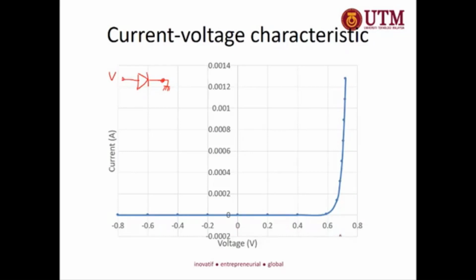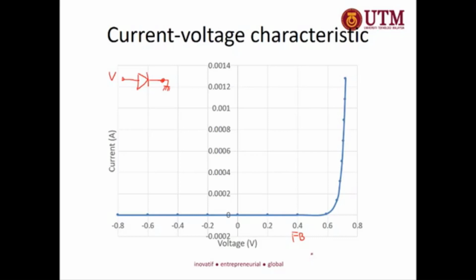When the voltage is a positive value, this is what we call forward bias. Forward bias means the condition where we apply the voltage to the diode that allows the current to flow.